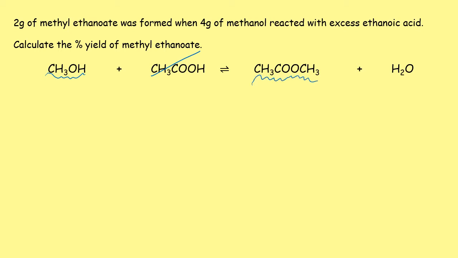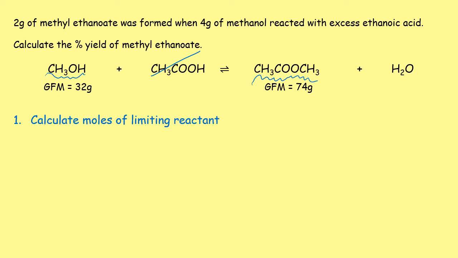Now, typically in a question like this, they're not going to ask you to calculate the GFM, they usually give it to you. So the GFM of methanol is 32, and the GFM of that methyl ethanoate is 74 grams. Step 1 is calculate the moles of your limiting reactant. Now, ethanoic acid was in excess, which means our methanol is our limiting reactant. So we are working out moles.